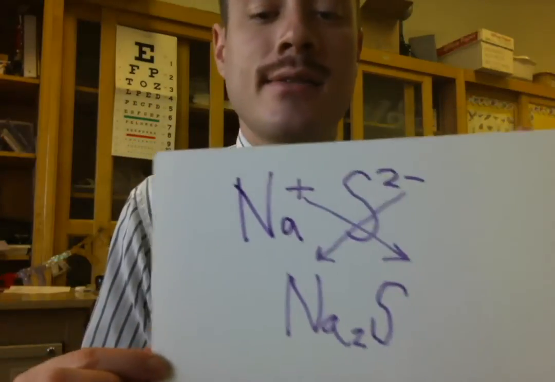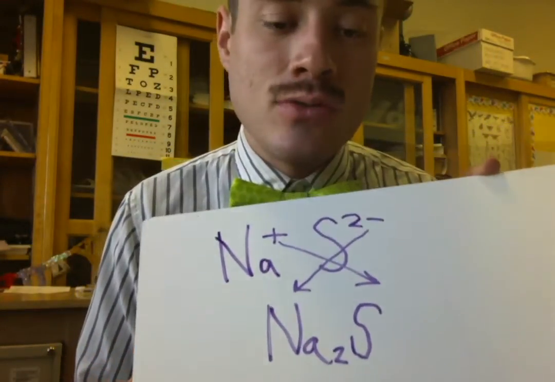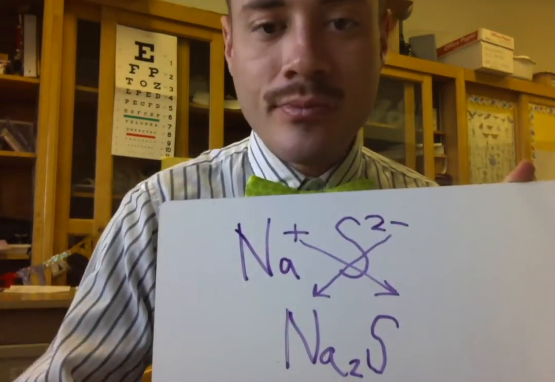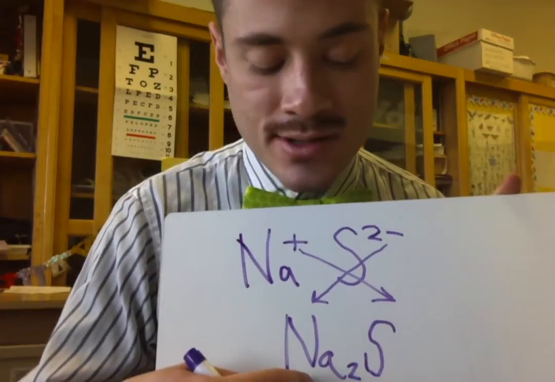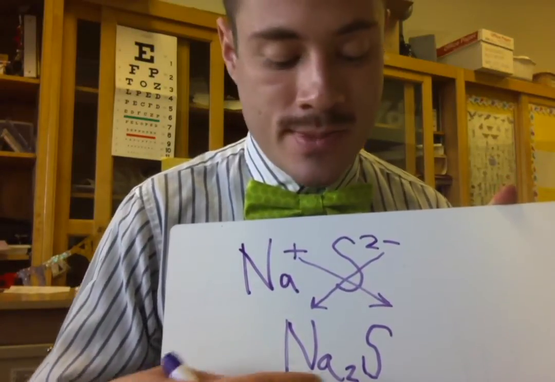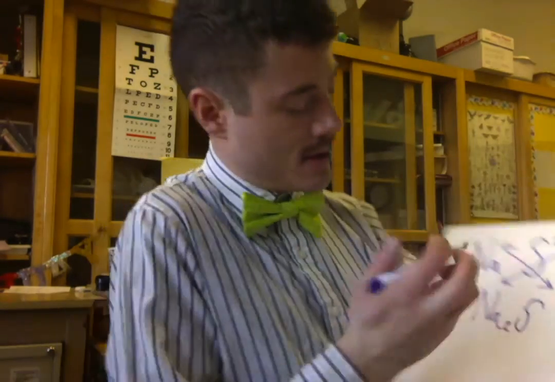So you got Na2S, and then in order to name this properly, we leave the cation just as the name of the metal, which in this case is sodium, and then we add "ide" to the sulfur. So this now becomes, say it with me, sodium sulfide.